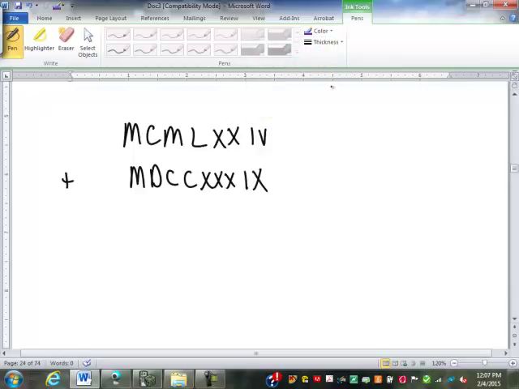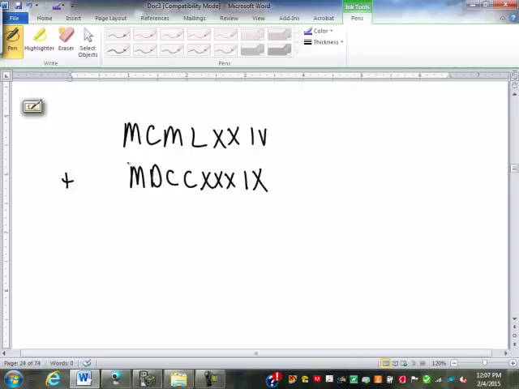We can add these as Roman numerals. Now, to be honest, I usually convert them into standard Arabic numerals and add them together and then convert them back. Tends to make fewer mistakes. I'm going to try to show you an example of adding them as Roman numerals. We'll see if I screw it up, and then we'll go from there.